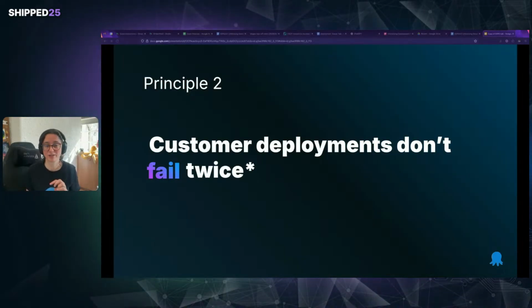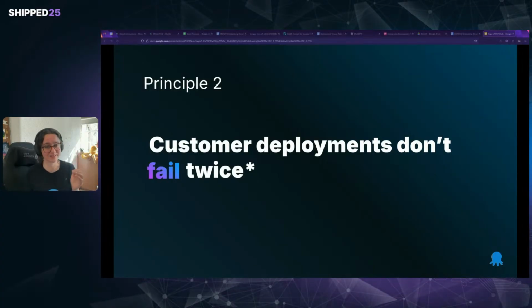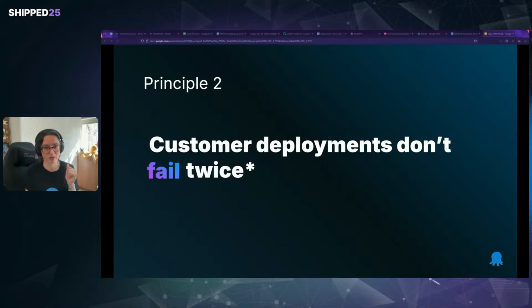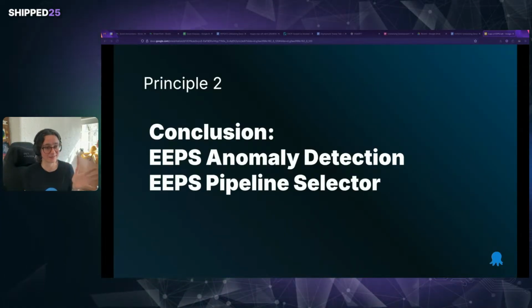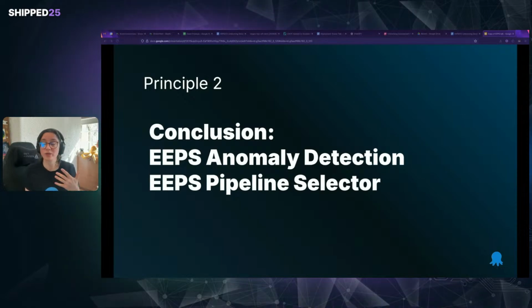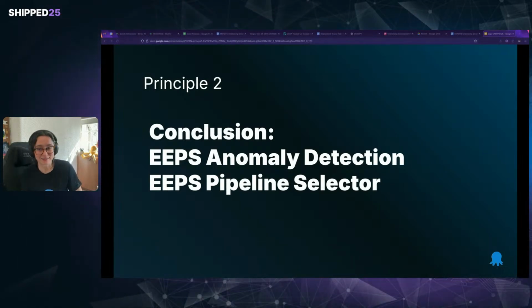So we needed to make sure that there wasn't going to be a human in the loop having to bring them back into safety, and that it wasn't a one-way door. To implement this, we decided to build the EAPS anomaly detection, so that we knew if it was going wrong, and also the pipeline selector part.